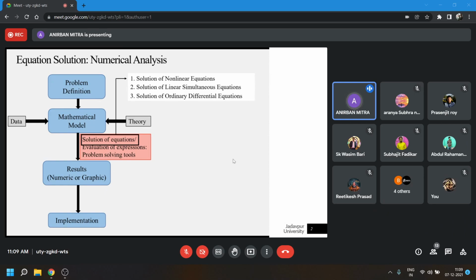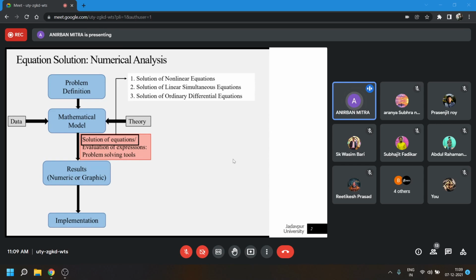Mathematical models could be in terms of different types of equations, such as nonlinear equations, linear simultaneous equations, or differential equations, which include partial differential equations as well as ordinary differential equations. Solution of these different types of equations is usually the field where numerical analysis plays a part.